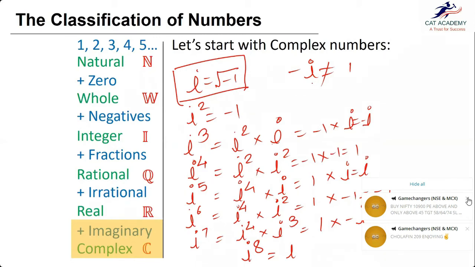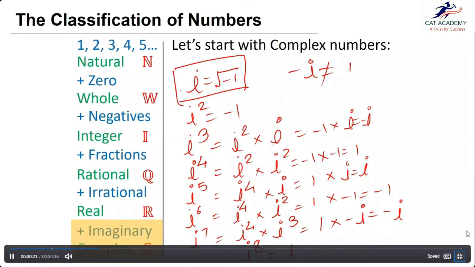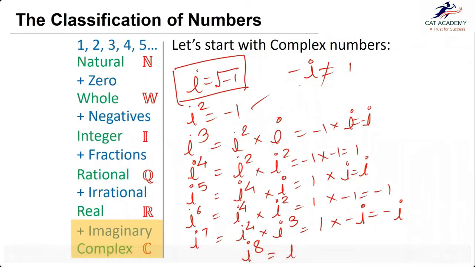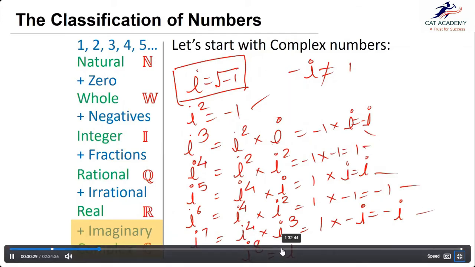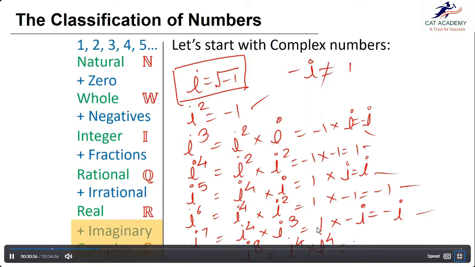Okay. Now guys, have a look at the pattern. i is the first term, second is minus 1, then minus i, then 1. i raised to 8 is i raised to 4 into i raised to 4, that is 1 into 1, that is 1.